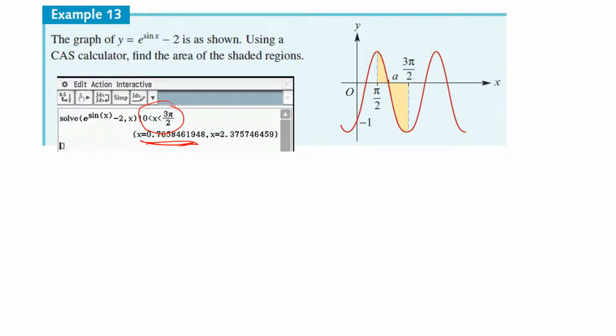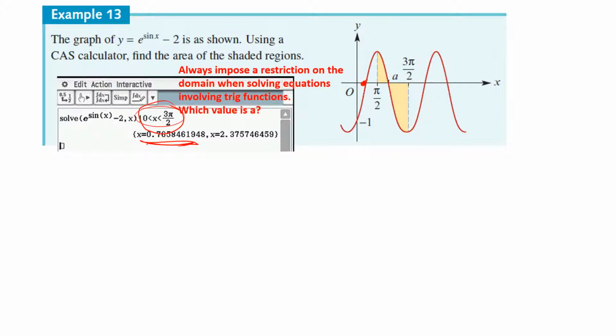It's obviously a value for x that lies outside of my interest. So it's a value lower than pi on 2, which is about 3.14 divided by 2. It's clearly not in the domain I'm interested in. So I choose the correct one.